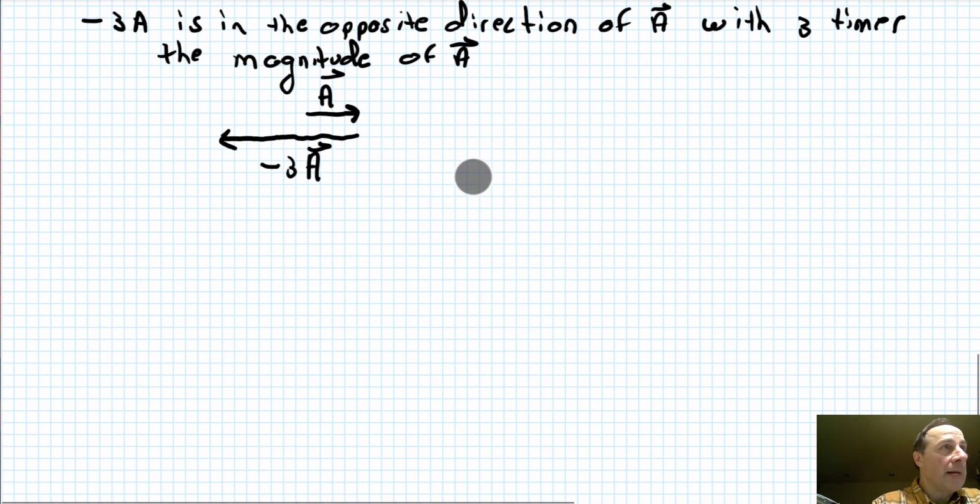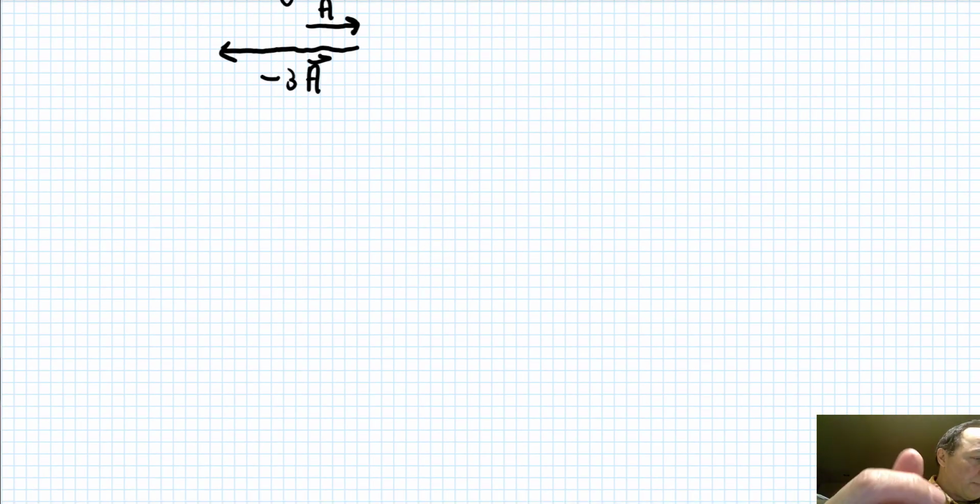Okay, so I'm going to end up here by presenting you with a problem. So you've got 2 vectors.